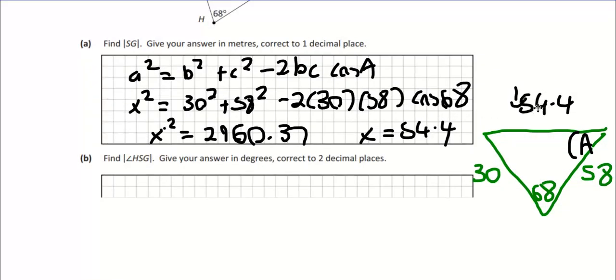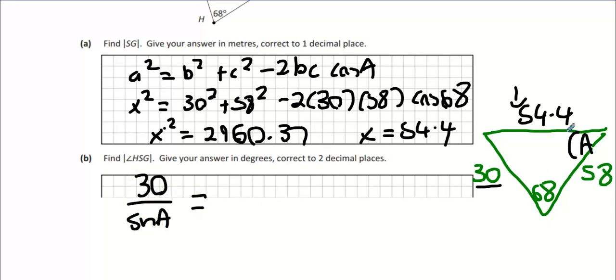Okay, and what we're going to look at here is the following. We're going to use the sine rule. So you're going to use a over sine A, so it's going to be 30 over sine A, and then pick 54.4 opposite the 68, sine 68, that is.